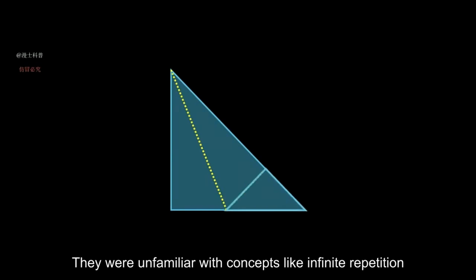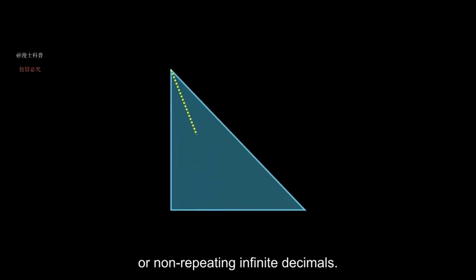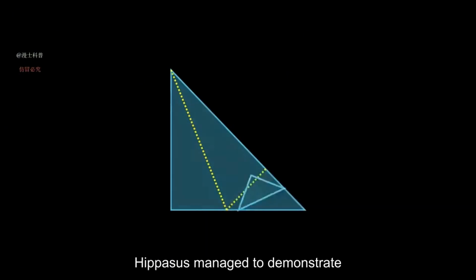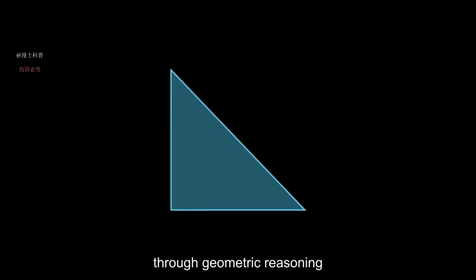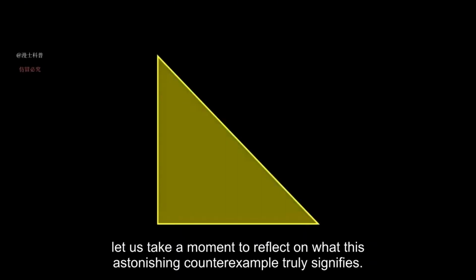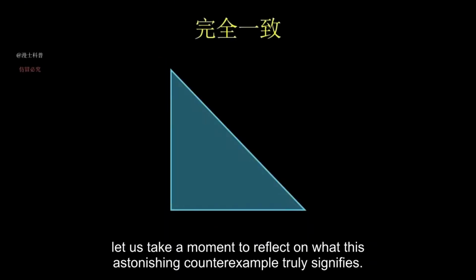They were unfamiliar with concepts like infinite repetition or non-repeating infinitesimals. Yet, Hippasus managed to demonstrate, through geometric reasoning, that the square root of 2 is an irrational number. Now, let us take a moment to reflect on what this astonishing counterexample truly signifies.